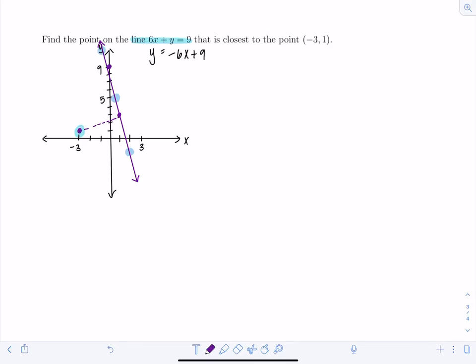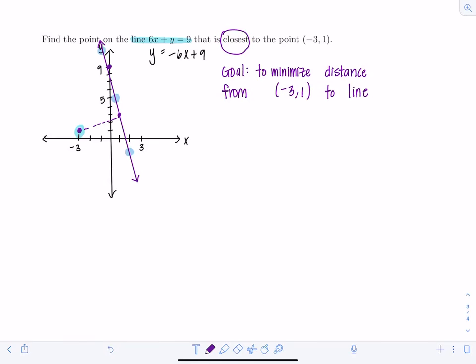So remember, in optimization, you first have to figure out, are you trying to maximize or minimize a quantity, and what is that quantity? Well, translate the word closest. Closest means minimum distance. So our goal is to minimize the distance from our point, -3, 1, to the line.